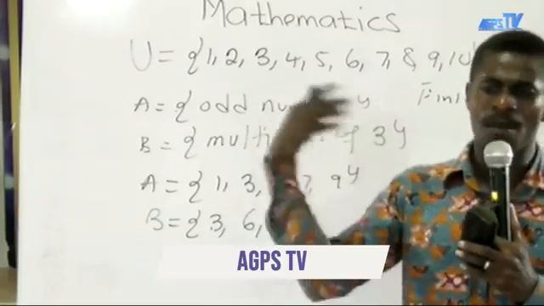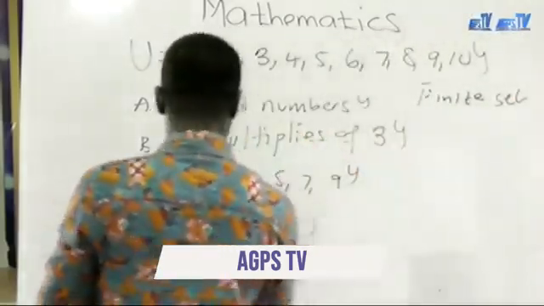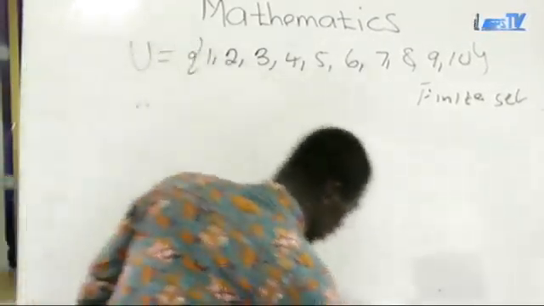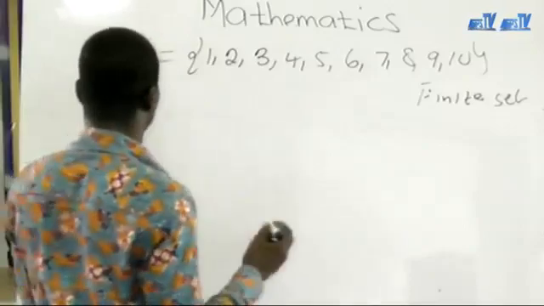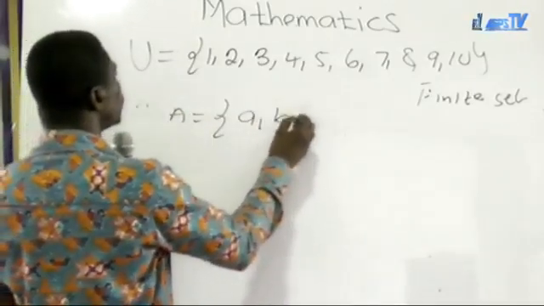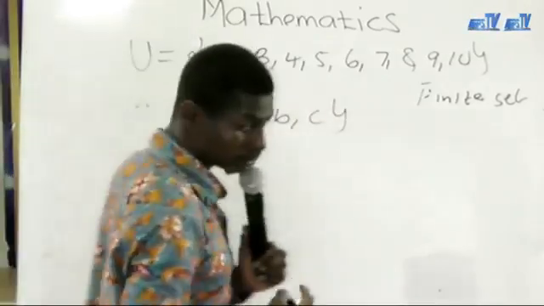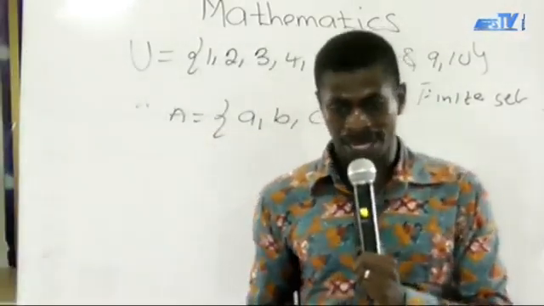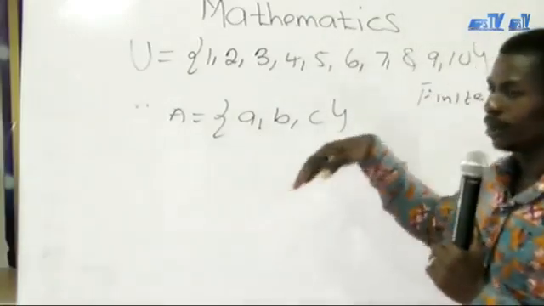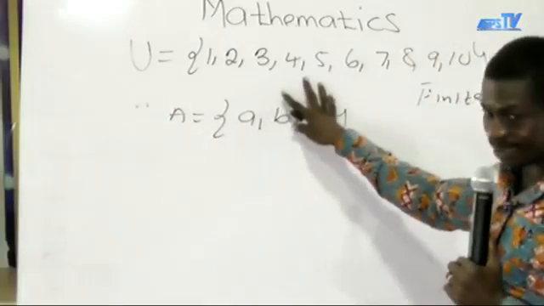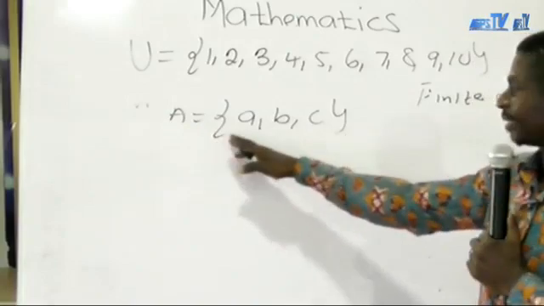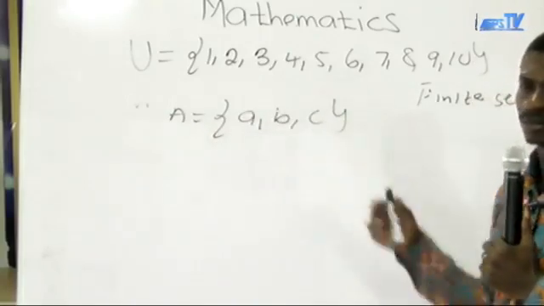So if you have set A to be A, B, and C, then they ask you, how many subsets can we form from set A with members A, B, and C?